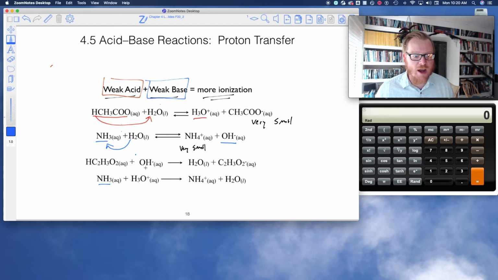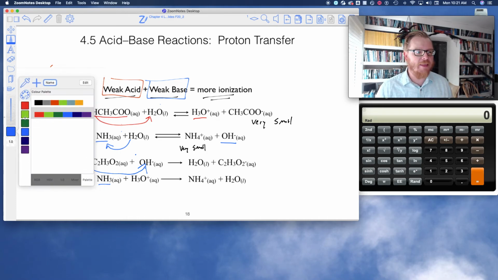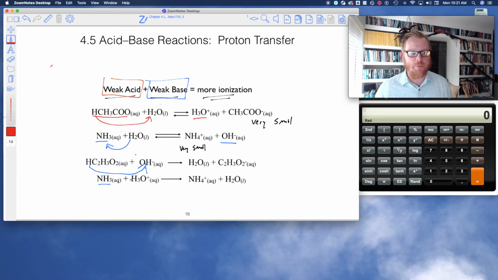However, the hydroxide can now react with the acid. It accepts a proton from the remaining acetic acid to make H2O and even more of this ion. And then the H3O plus, which we got from up here, donates a proton to the ammonia to make even more NH4 plus.